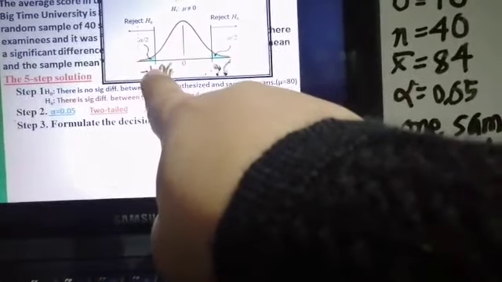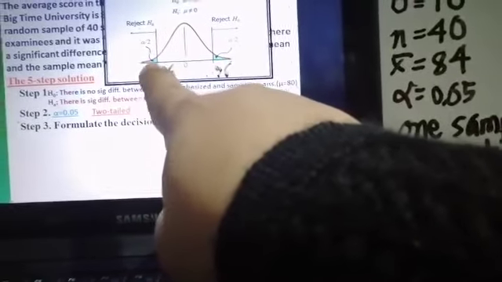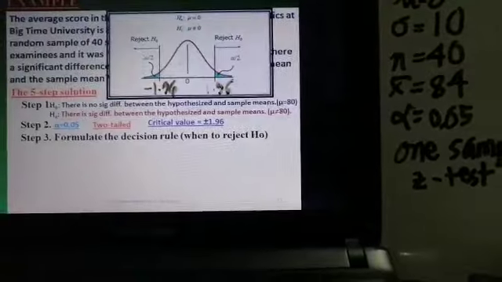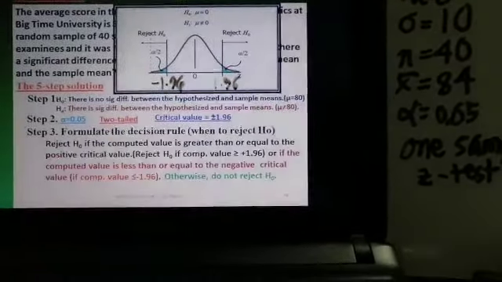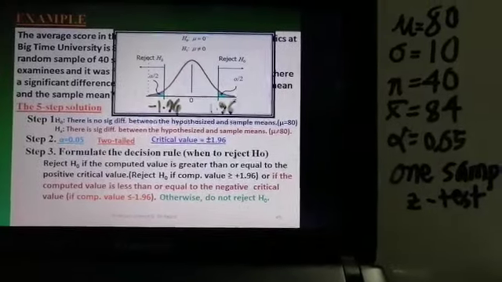If we also have values less than or equal to negative 1.96, then we have to reject the null hypothesis.